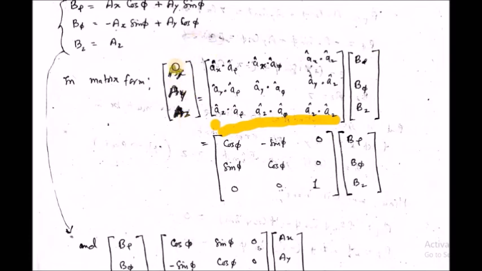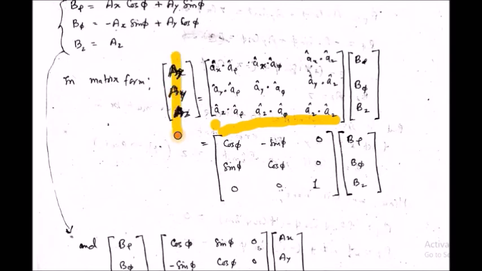So here the output will be ax, ay, az, and the input, meaning what we have with us, is the coordinates of the cylindrical system, that is b rho, b phi, bz, and the transformation matrix is like this. Suppose this is the output. Output means the final coordinate system.